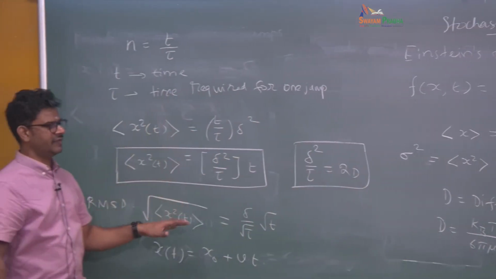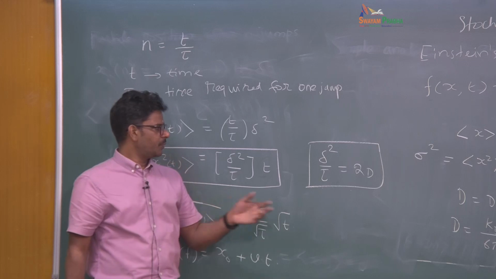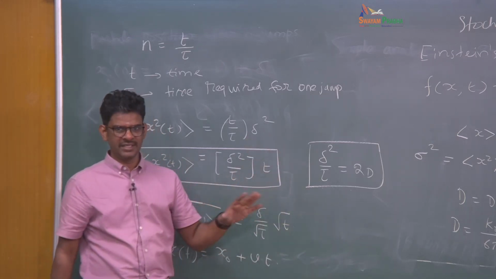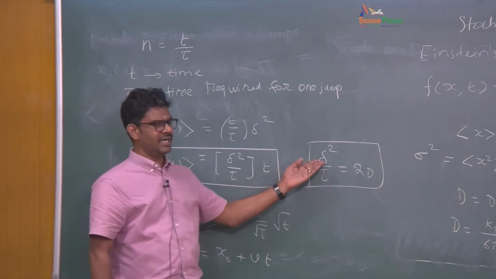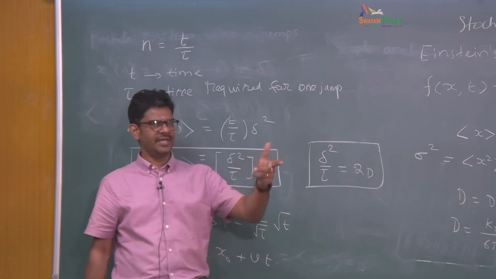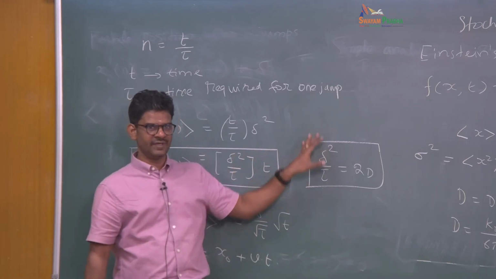In this treatment, we did not take into account the properties of the particle or the medium viscosity or temperature. We did not say anything. We said one physical quantity delta will determine the step size, another physical quantity says how much time it will take to jump. These are arbitrarily fixed quantities.